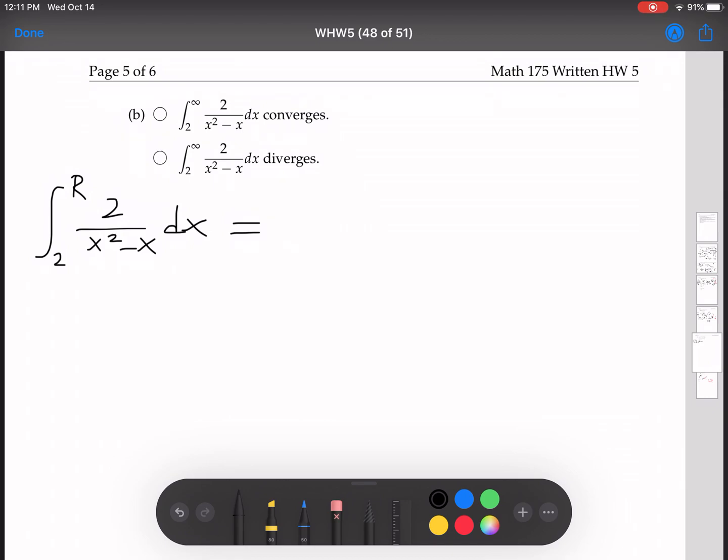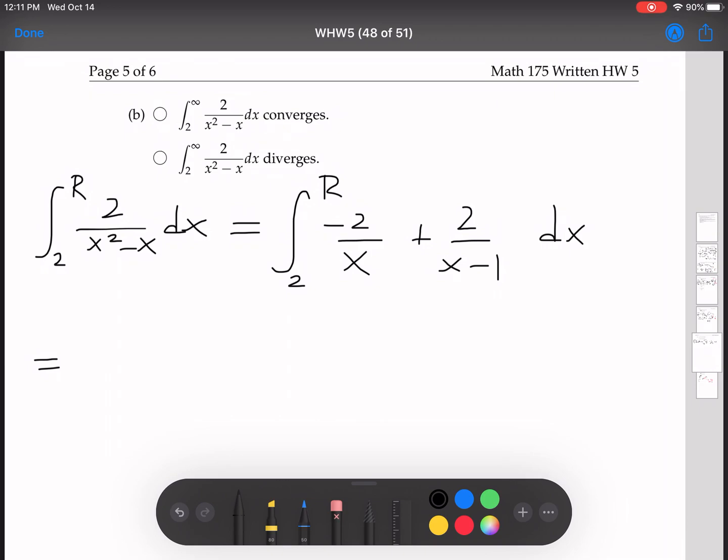Now using partial fraction decomposition, we can write this as negative 2 over x plus 2 over x minus 1 dx.